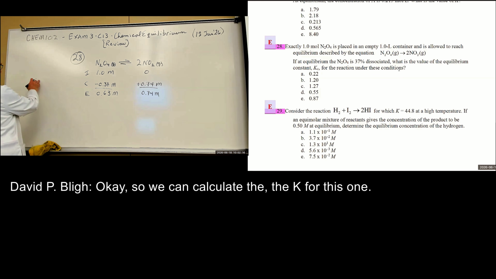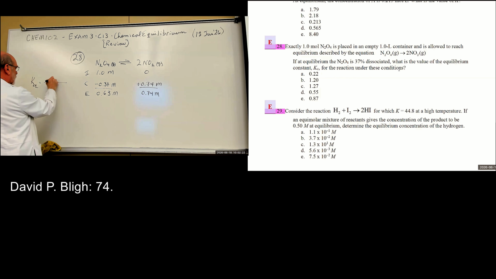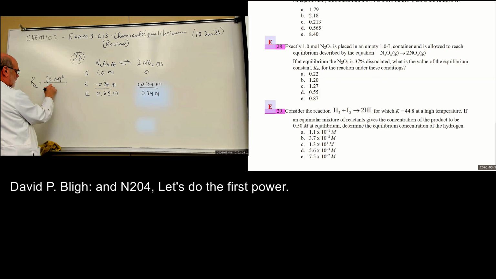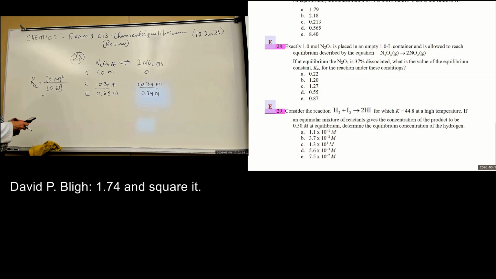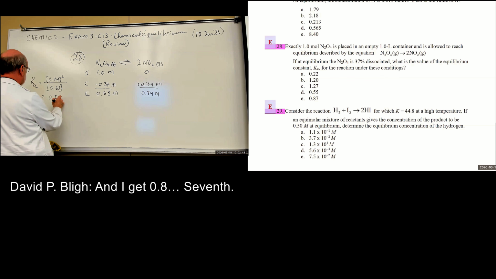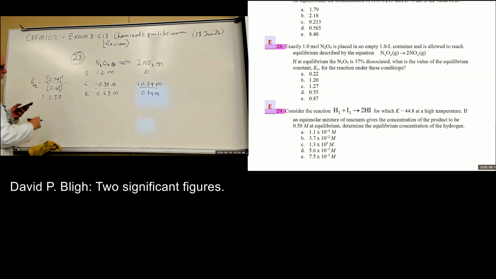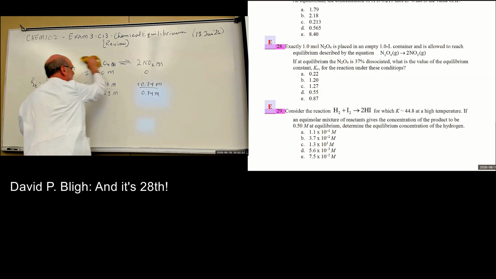Okay, so we can calculate the K for this one. 0.74 is going to be squared, and N2O4 is to the first power. 0.74 and square it, and then 0.63 divided into that. And I get 0.87. Two significant figures. That's E. Okay. That's 28.